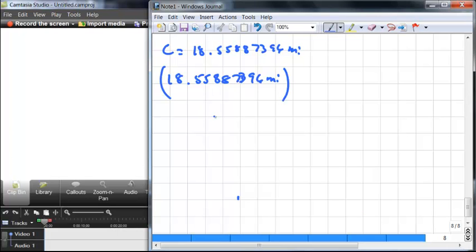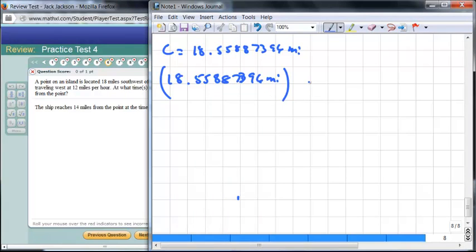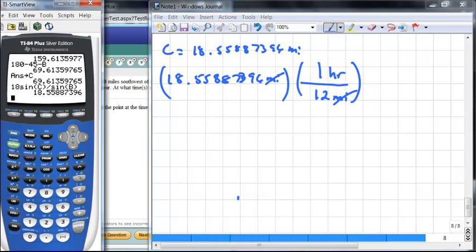Now, let's look back at our problem here, and we'll notice that it is going 12 miles per hour. So we have 12 miles for every 1 hour. If we write it like this, the miles will cancel. So we just need to divide this number by 12 to get the hours.